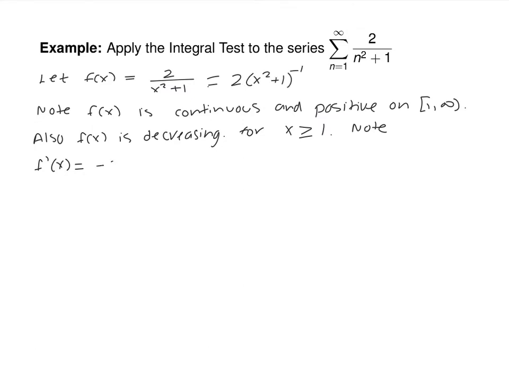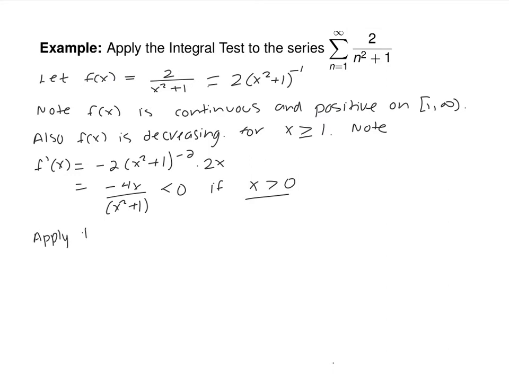So the derivative is negative 2 times (x squared plus 1) to the negative second times 2x, which is negative 4x over (x squared plus 1) squared. This is less than 0 so long as x is bigger than 0. If x were a negative number, then this derivative would be positive. But we only care about positive numbers because our series goes from 1 to infinity. Okay, so we're going to apply the integral test.